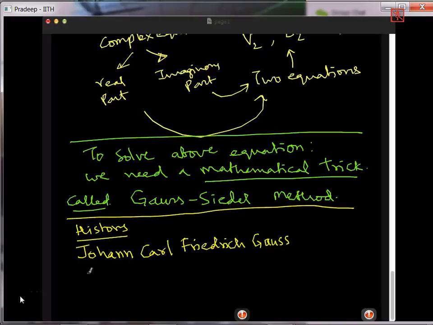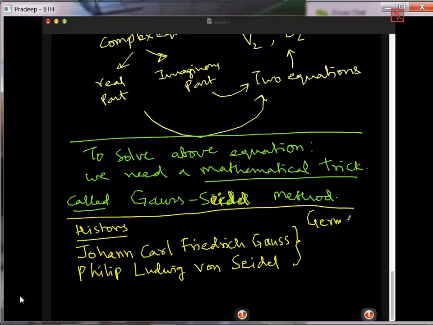Another is Philipp Ludwig von Seidel. Sorry, the spelling mistake: this is Seidel, S-E-I. These two German mathematicians invented the GS method. And in which year did they invent the Gauss-Seidel method?